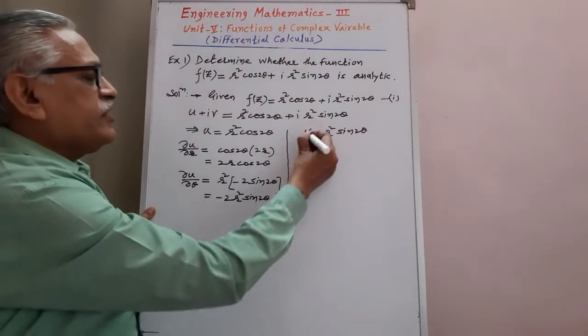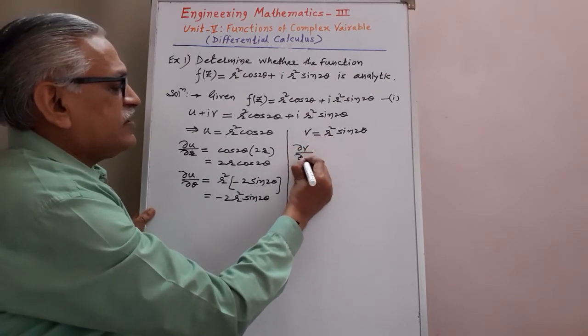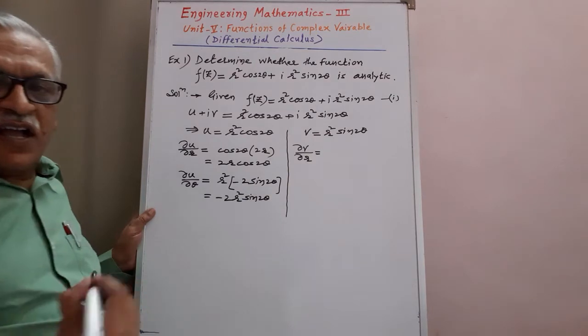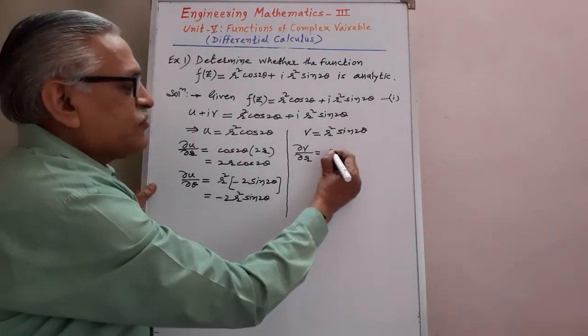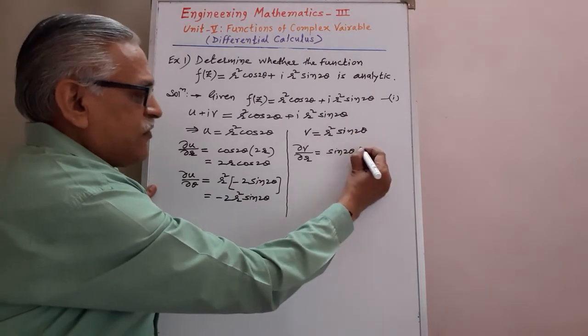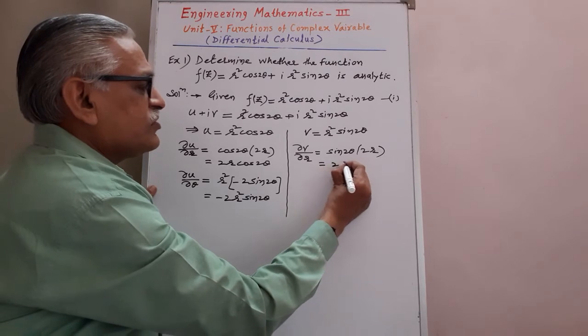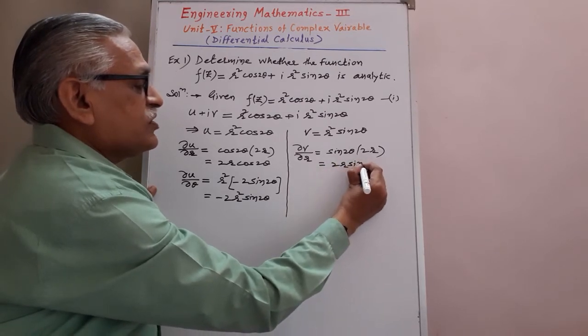Then differentiating v with respect to r and theta. First with respect to r, again theta is constant, therefore sin of 2 theta is a constant term. Derivative of r square is 2r, and therefore it becomes 2r sin of 2 theta.